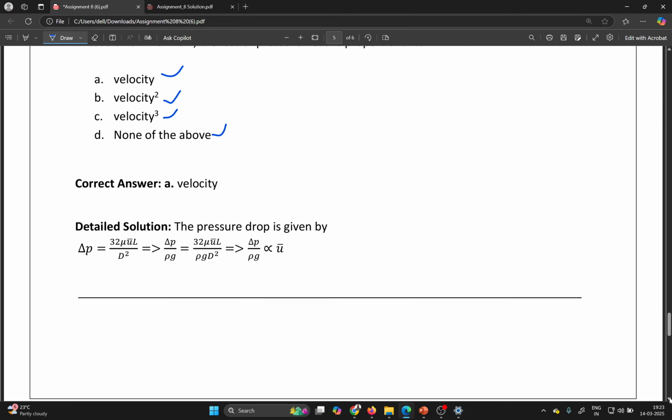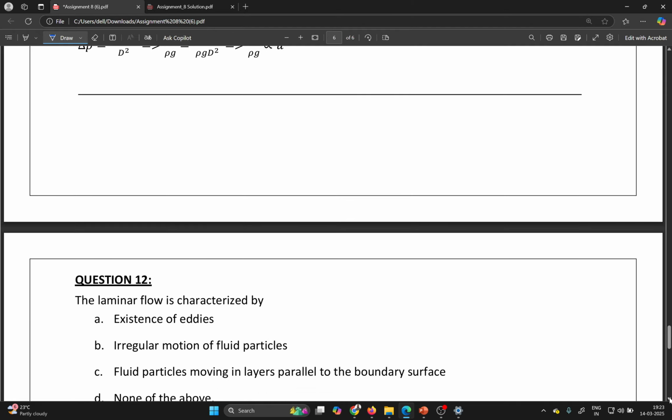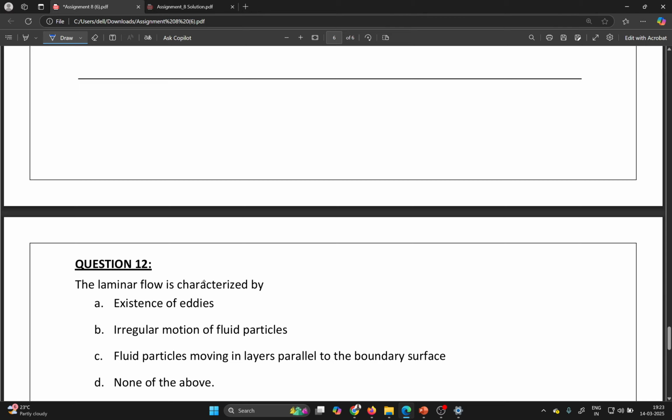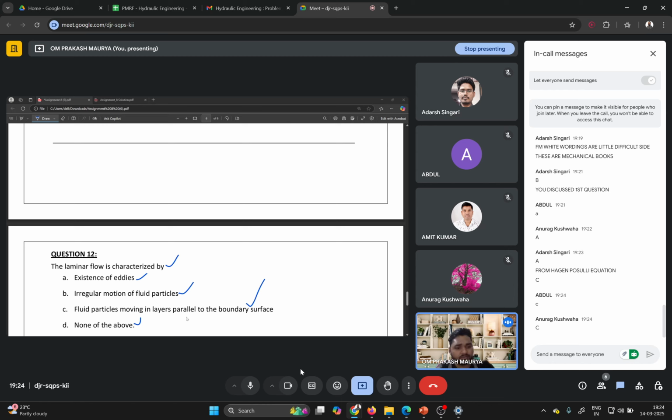Now we'll move on to question number 12. The laminar flow is characterized by existence of eddies, irregular motion of fluid particles, fluid particles moving in layers parallel to the boundary surface, and option D, none of the above. Everyone please, this is a basic and fundamental question.